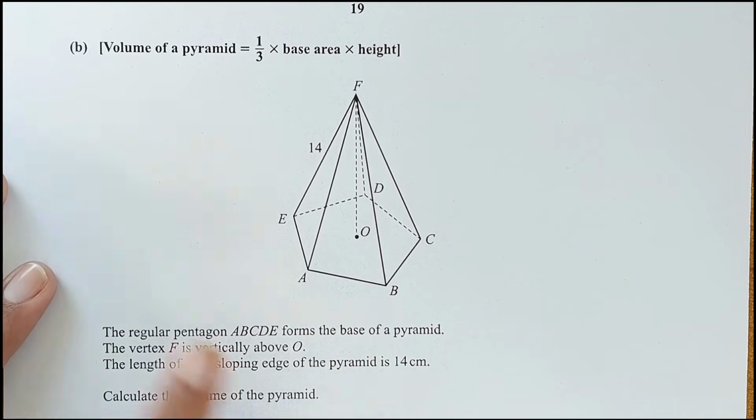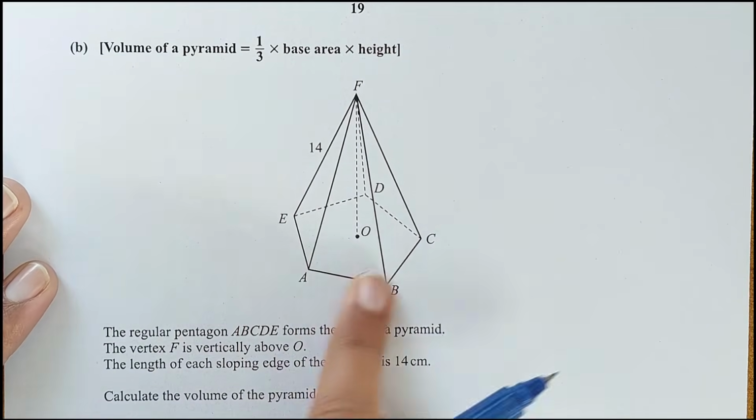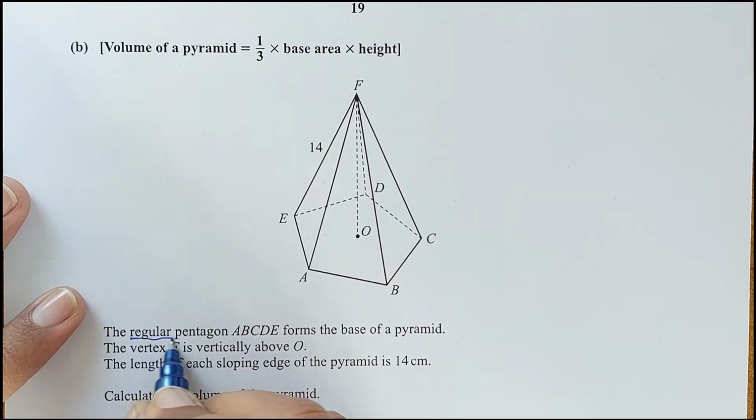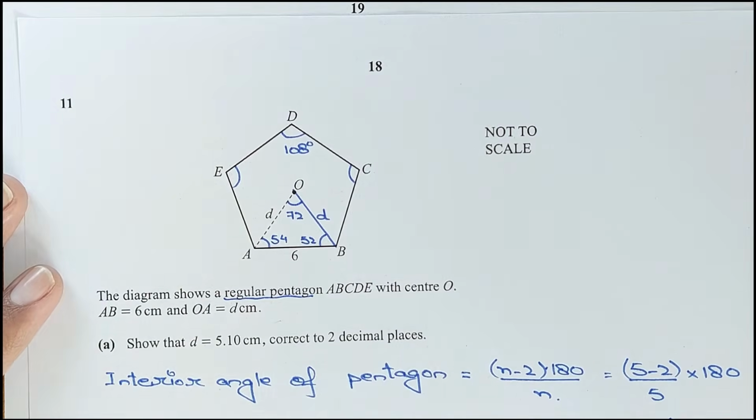Okay, so to find the volume, we have 1 by 3 base area. So this is the base area. The base of the pyramid is a regular pentagon. So let me find the base area first. Look at the first part.